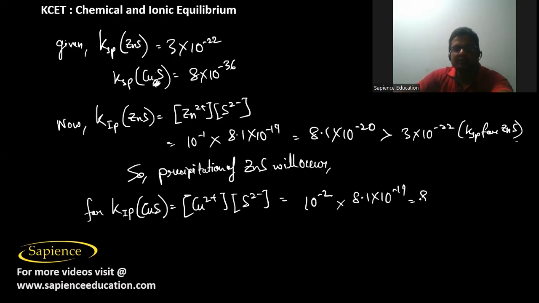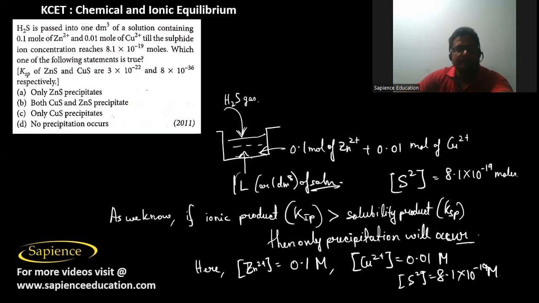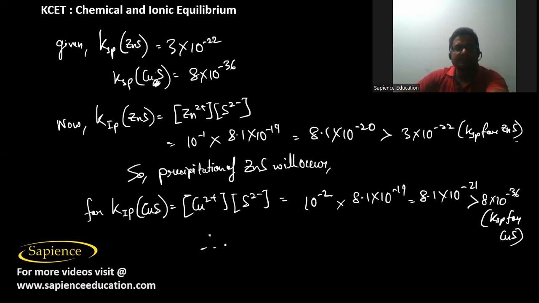So that is equal to 8.1 into 10 power minus 21, which is obviously much higher than 8 into 10 power minus 36, which is the KSP for copper sulfide.